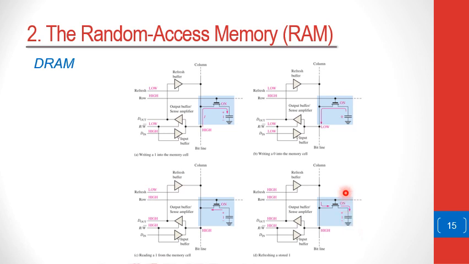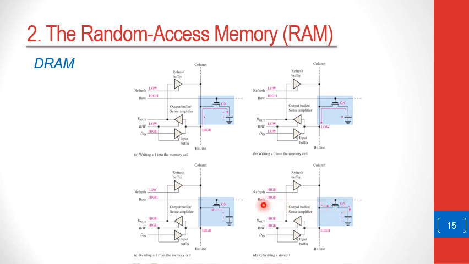So to avoid this, the DRAM has a mechanism whereby it keeps on refreshing after a certain period of time. So the refreshing operation works as follows. In this case here, the refresh line is used to update the 1 that has been stored in this memory cell.